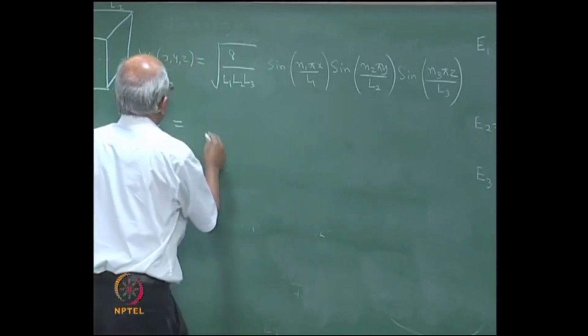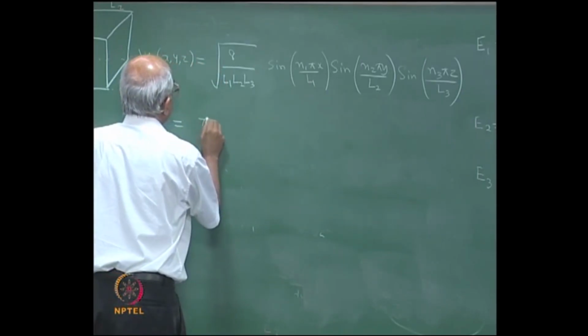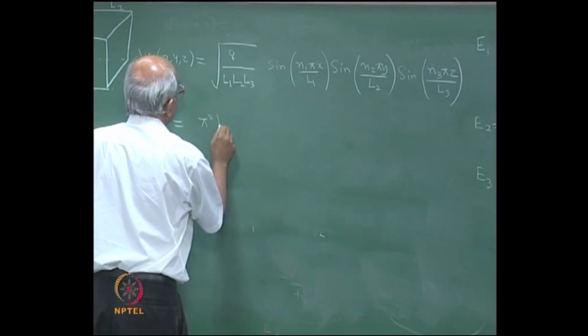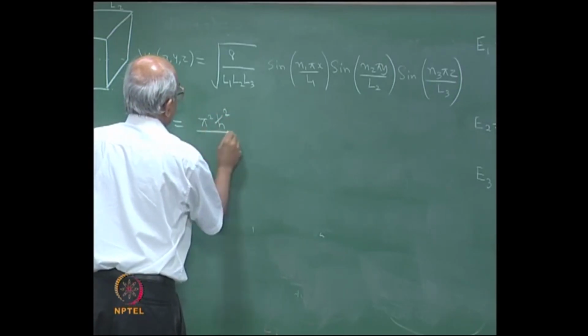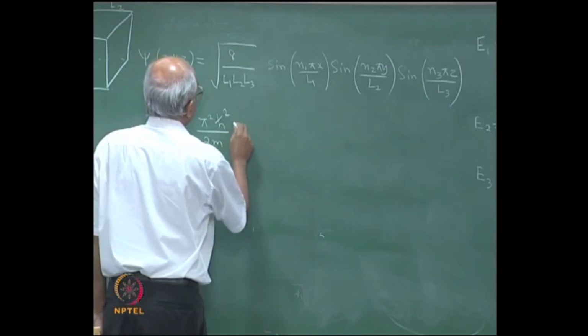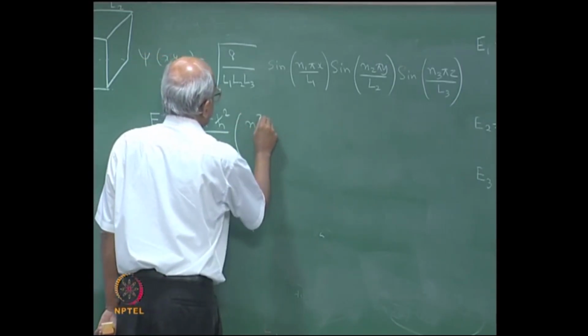So, you add them up, you will find that the energies are of the form pi square h cross square divided by 2m into n1 square by L1 square.